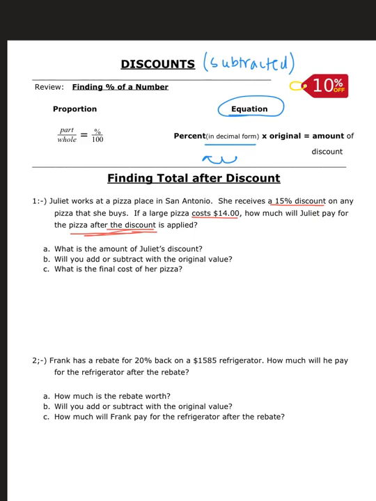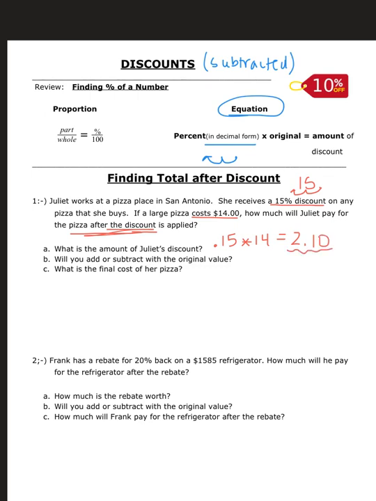Well, to figure out just the amount of discount, it's the percent in decimal form, so 15%. If we move our decimal 2 places to the left, that gives us 0.15 times the $14 for the regular price of the pizza, and that would give you a $2.10 discount.